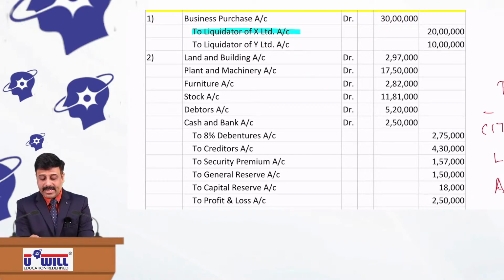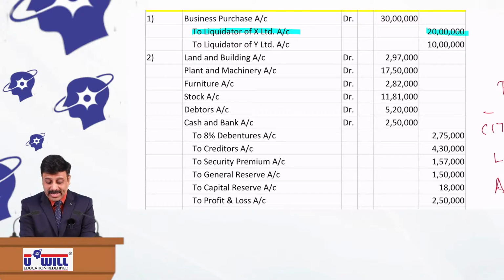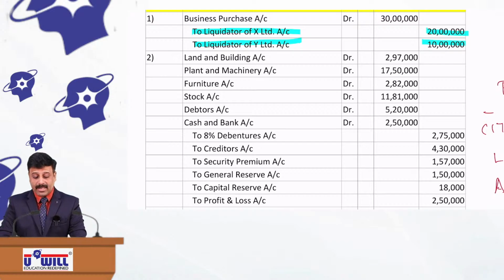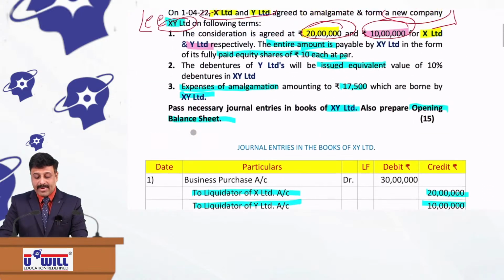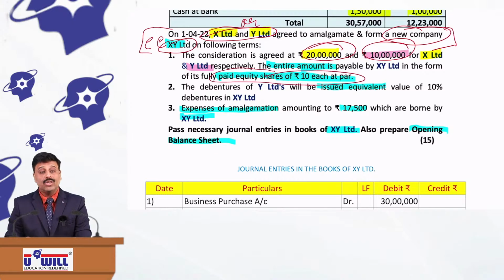Liquidator is the receiver, debit the receiver. So liquidator of X Limited we will debit with 20 lakhs. Again, liquidator of Y Limited is the receiver, debit the receiver. Liquidator of Y Limited will debit and close with 10 lakhs. And entire amount is paid in the form of equity shares only at par. So to equity share capital account with the amount of 30 lakhs.